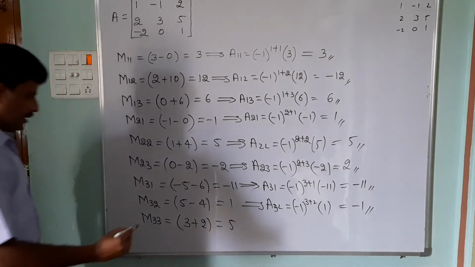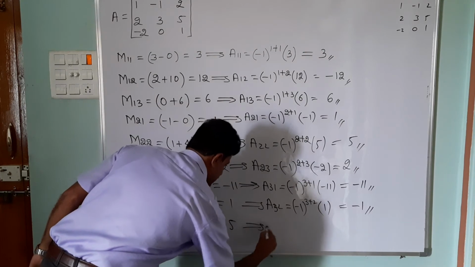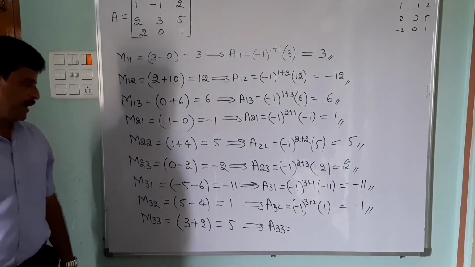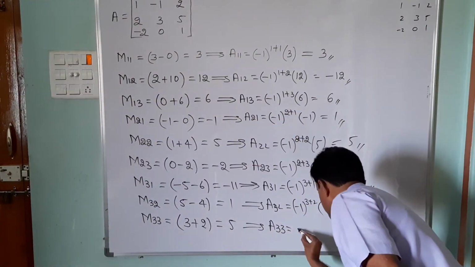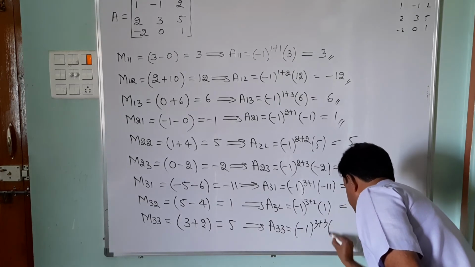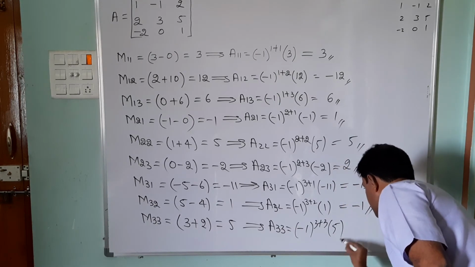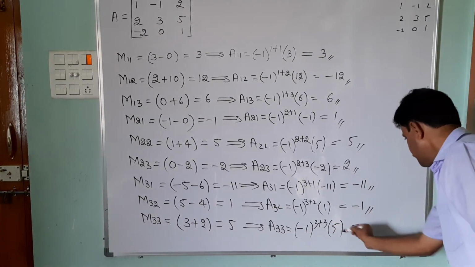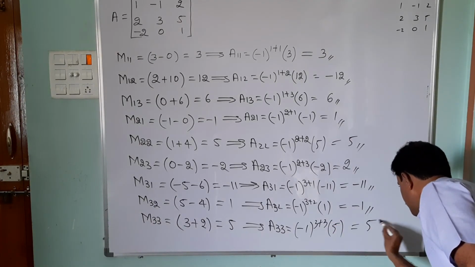Then a33: minus 1 to the power of 3 plus 3 into result 5. 3 plus 3 is 6, positive, plus into plus, that is equal to 5.